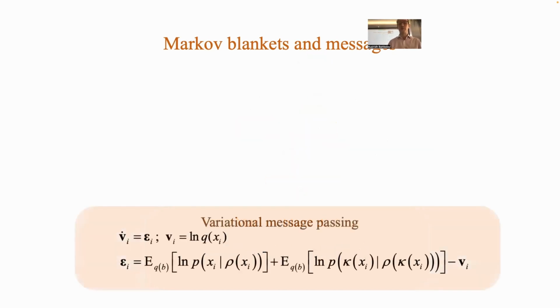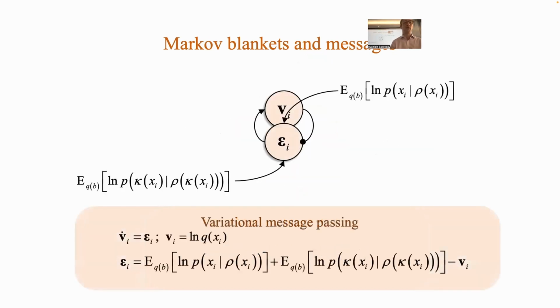One example of an inference scheme would be a scheme known as variational message passing, which is here represented in terms of a gradient descent just for biological plausibility. There are lots of other schemes that we can use for the same sort of thing. But the key thing to note is that we only need to take account of the parents here and the children here, and of course the parents of the children, in order to get the information we need to update our beliefs about whichever variable we're interested in.